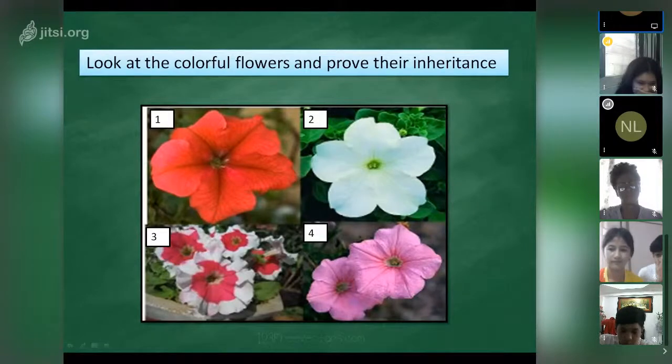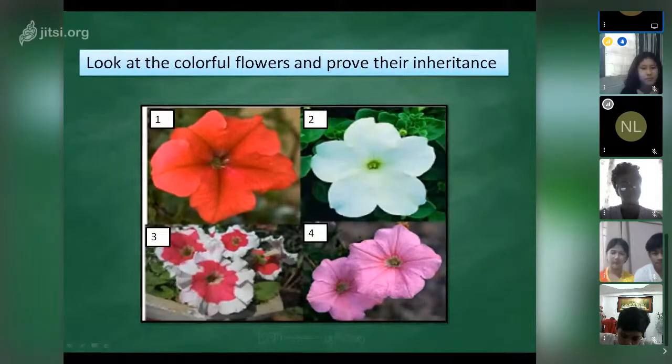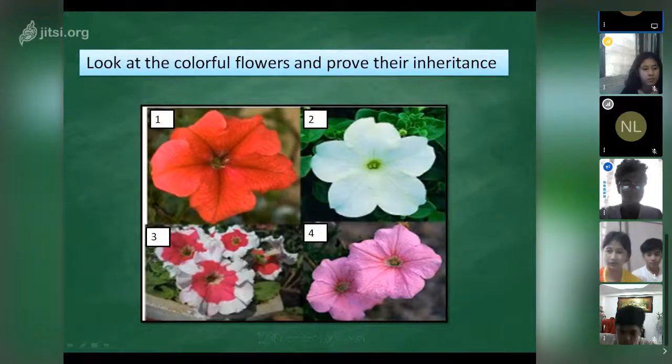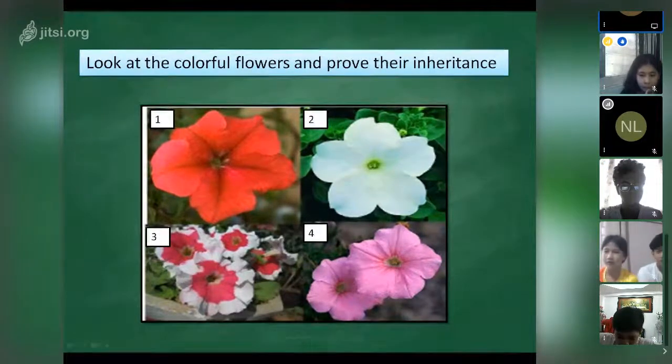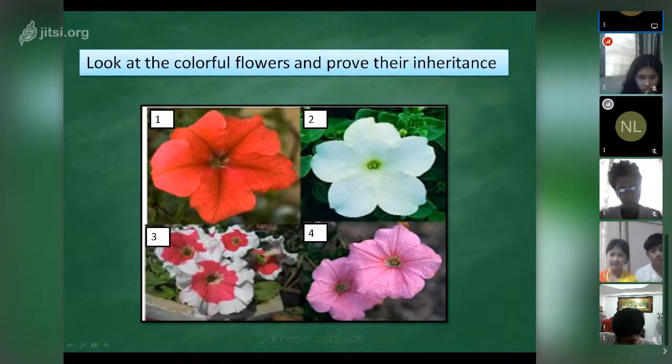Who wants to answer? Iburan. Yes, sir. If the parents are 1 and 2 and they unite, and you follow incomplete dominance, what would be the offspring? Is it 3 or 4? 3, sir. How about Lawrence?